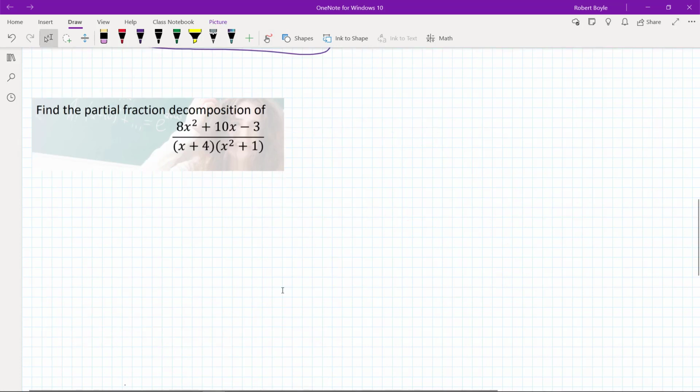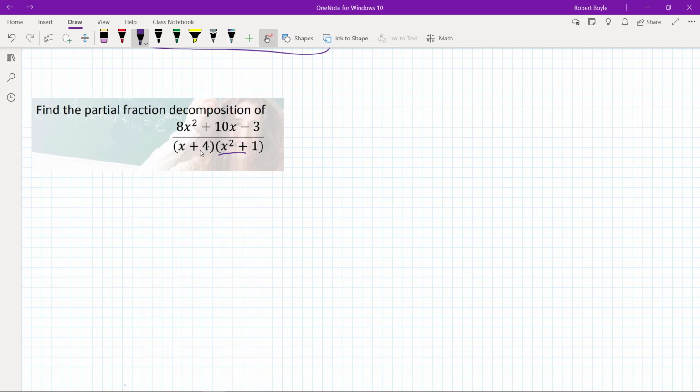Okay, so now for this one, we have a linear term, and we have a quadratic term. So this one is going to use both steps 3 and 4. Now first notice that in the numerator we have a polynomial of degree 2. In the denominator we have a polynomial of degree 3, so there is nothing to divide.